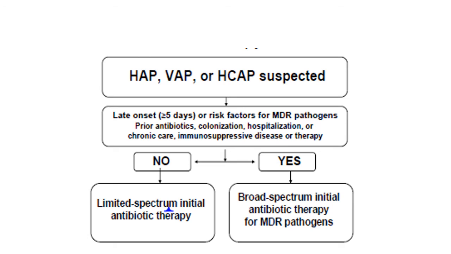No, this is like, we have trach patients or someone who's chronically having these bugs growing and they're just living there. They're just going to be there for as long as that patient's going to be trached. And things like that. Cystic fibrosis patients can be colonized with certain bugs. So it's something that's going to be a concern for specific population subsets. Previous hospitalization, if they're on chronic care, like nursing homes, things like that. Immunosuppressive therapy. These are all going to be things that put them at risk for a multi-drug resistant pathogen. And that's where you're going to need to broaden out your coverage in order to get those bugs.